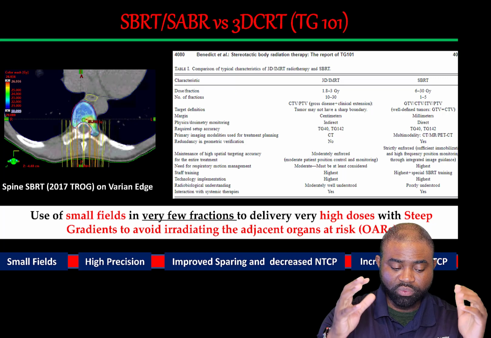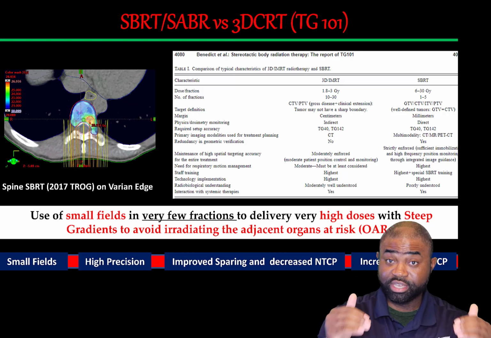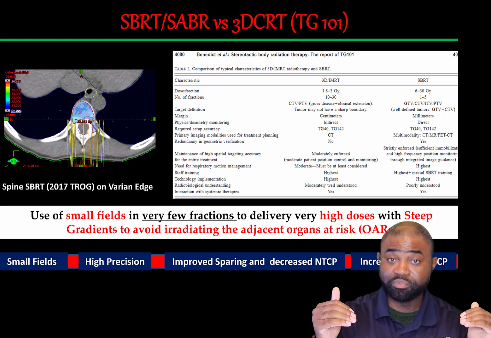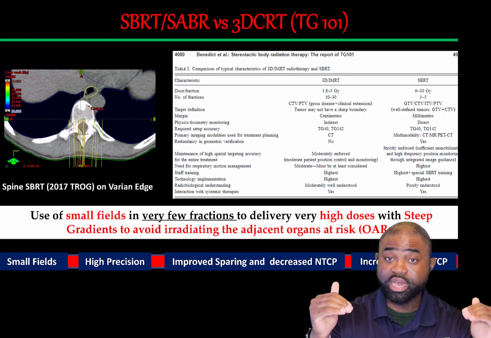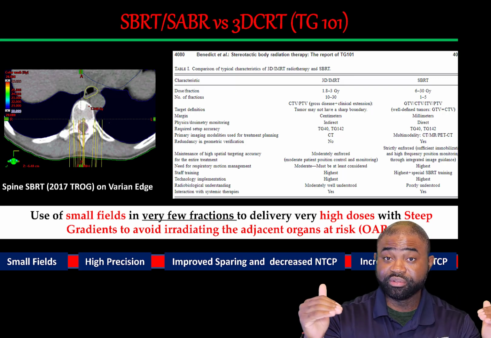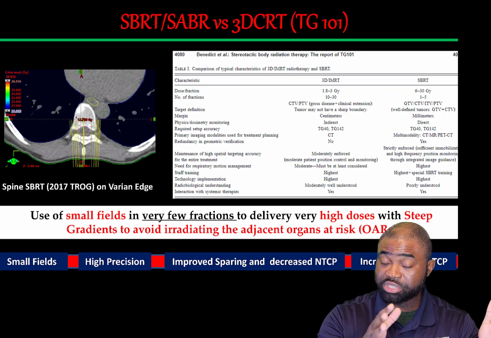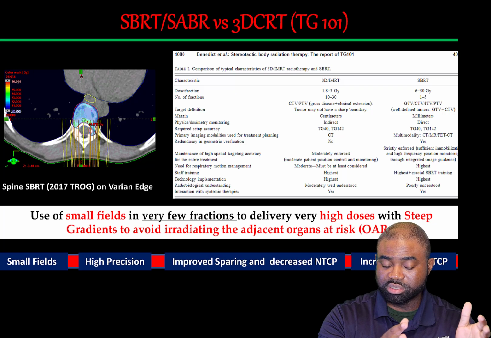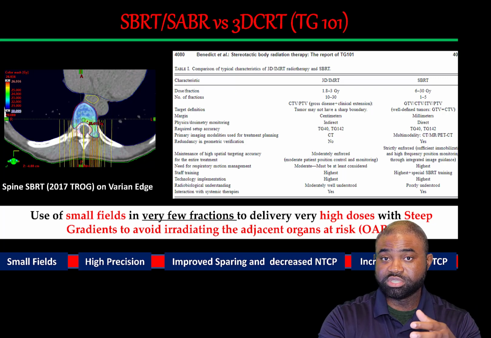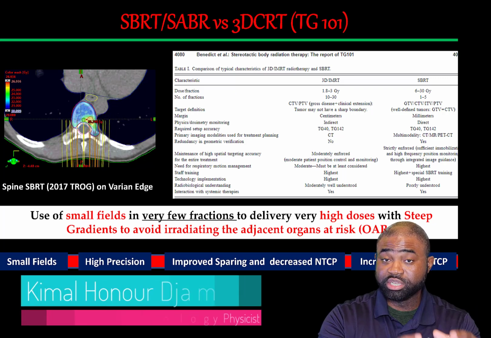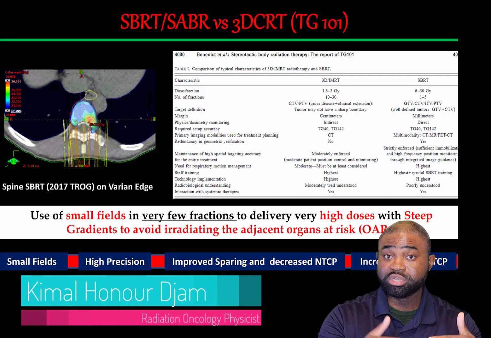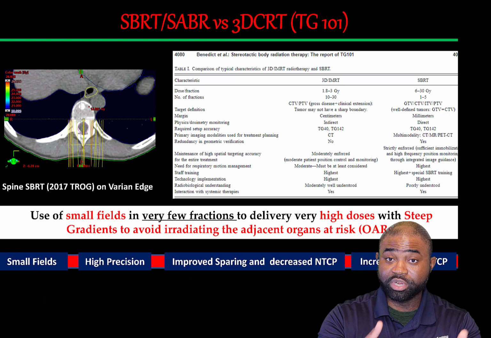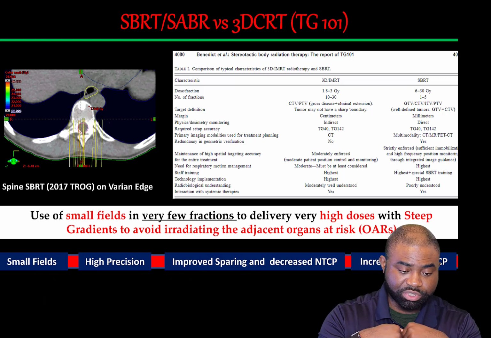And so with regards to staff training, both conventional and stereotactic radiation therapy require a high level of staff training. But when it comes to stereotactic radiosurgery, the therapists, the medical physicists, the oncologists need to undergo special training for these procedures before they are able to appropriately apply them.